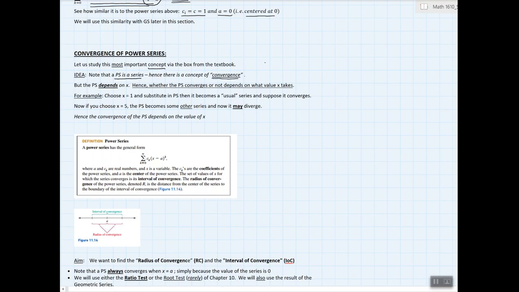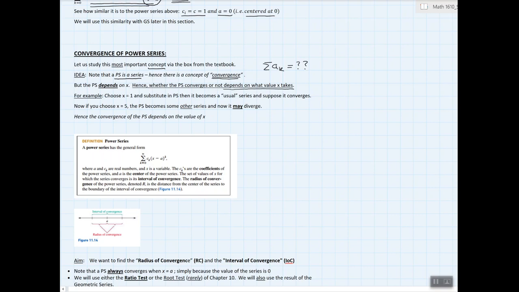Remember, we spent some time studying series, whether a series converges, like does it go to something, or does it diverge. So we want to study the concept of convergence. Now this power series depends on x. That's why it's called a power series. It's got x in it. Hence, whether the power series converges or not depends on what value x takes.